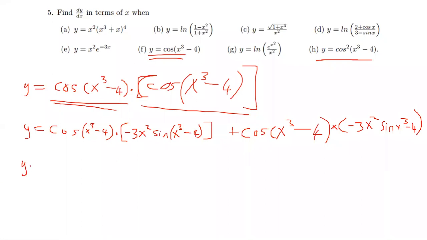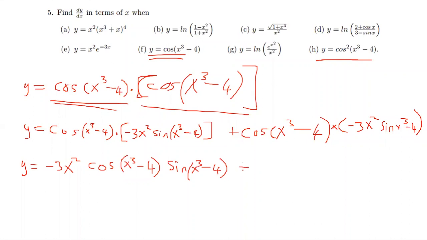This can be simplified as negative 3x squared cos(x cubed minus 4) sine(x cubed minus 4).